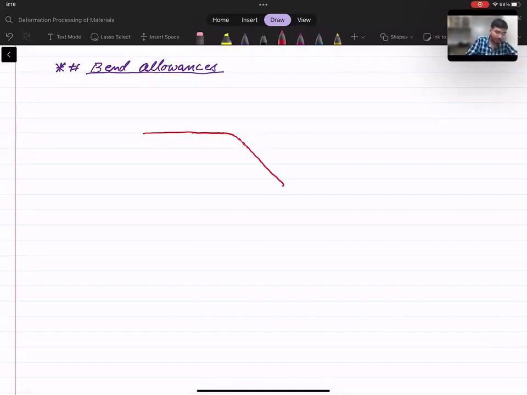It has some thickness like this, and in the cross section this extends like this.